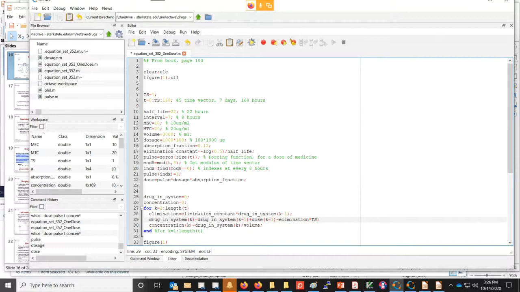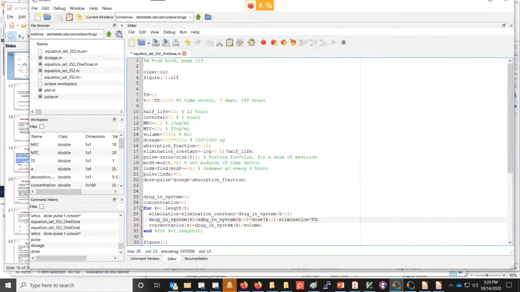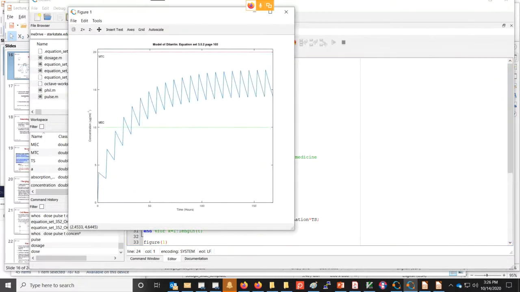So as we go through the for loop, when we hit a point that the pulse is a 1, then the dose is going to be 12,000 micrograms. And so I'm going to get a spike of medicine in my system every time that happens. And so when we plot that, we come up with this graph. So you see it going up. That was the 12% of dosage in my body. But after 8 hours, my body has eliminated some of that. So it decreased.